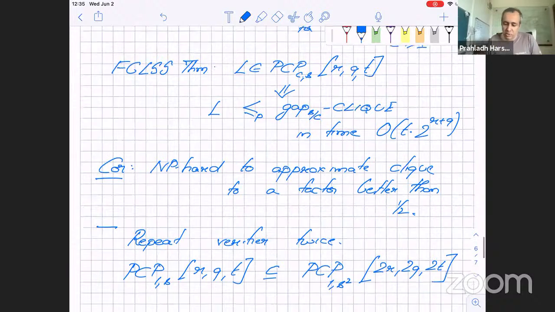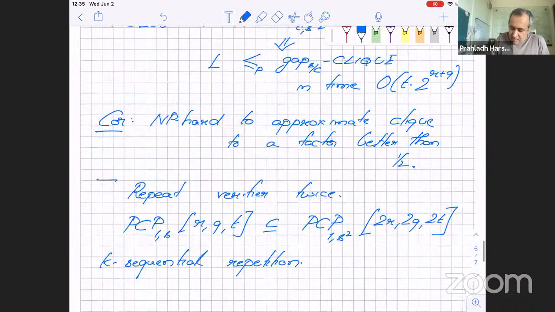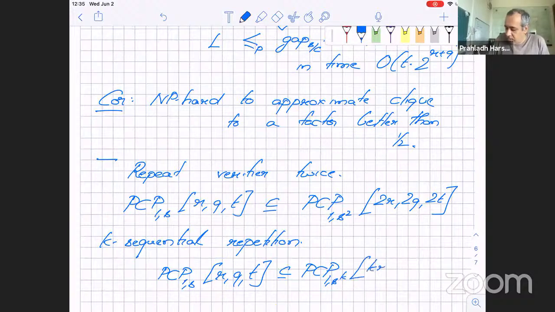So in general, you could do K sequential repetition. And you could get PCP 1, S, R, Q, T to be a subset of PCP 1, S to the power K, KR, KQ, KT.